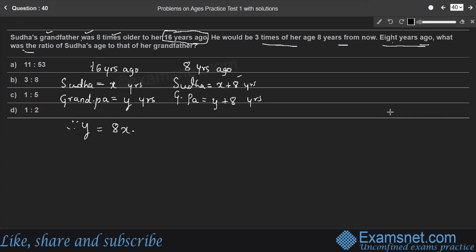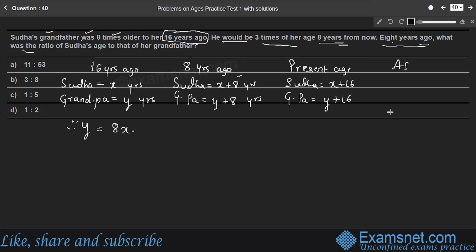Now we'll consider their present age. Sudha's present age is X plus 16, and her grandpa's present age is Y plus 16. 8 more years are added. It is given that he would be 3 times of her age 8 years from now.